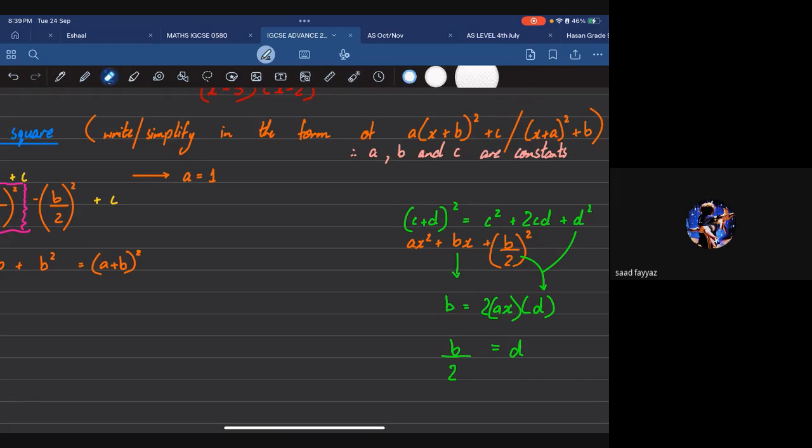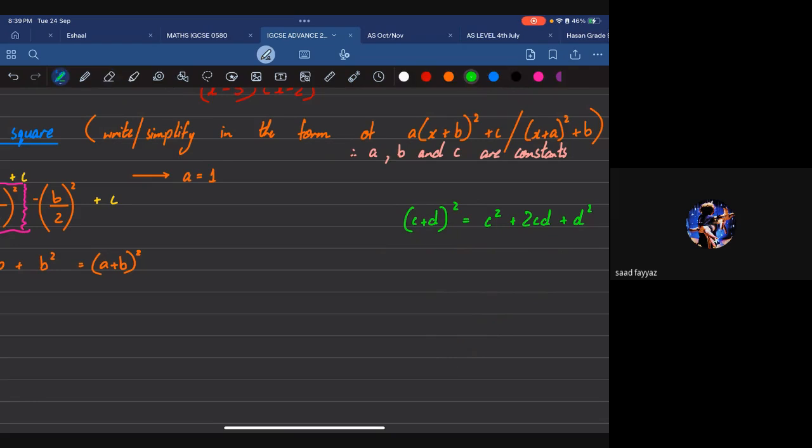Okay, wait. Let me try to explain it even better. 2 times C times D is equal to 2CD, right? Look at it from this side. Clear up to this point? In order to get to this part, it is 2 times AB, right?